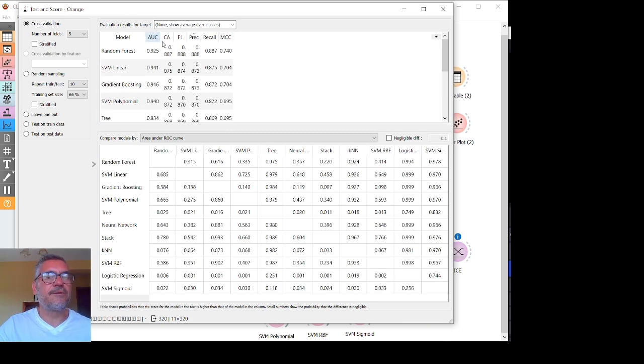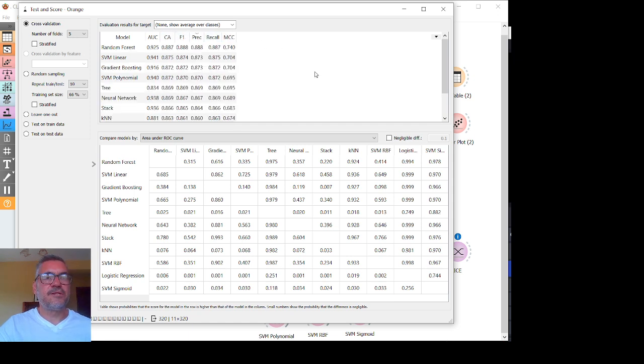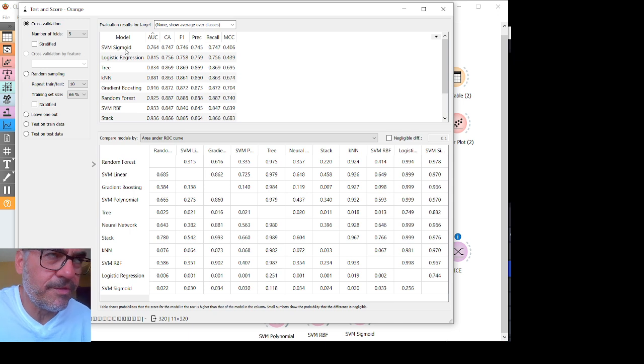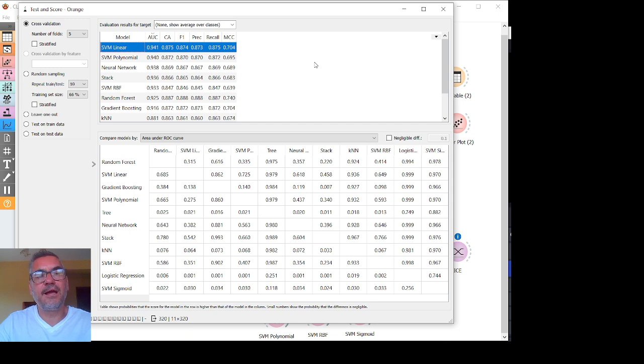And now these are efficient results, and by efficient I mean we do not have overfitting. Okay, now let's sort again with the area under the curve. The worst model is the support vector machines with the sigmoid kernel with the 0.764 area under the curve. The best model is the support vector machine linear.